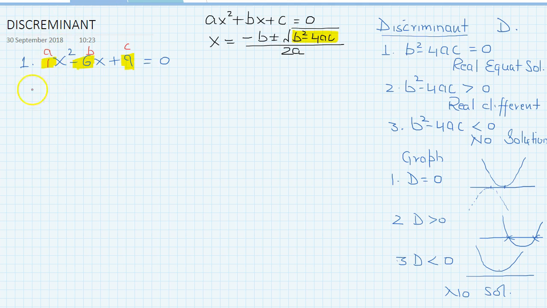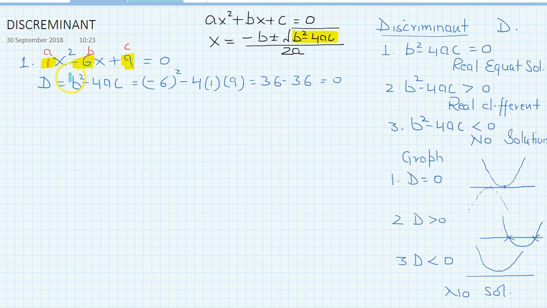So what is the value of D? D is equal to b square minus 4ac. So it means b square is minus 6 square minus 4, a is 1 and c is 9. So that is equal to 36 minus 36 is equal to 0.